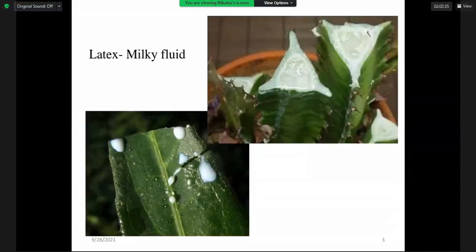So until now, what did we discuss here? What are the things you should include in your practicals? Can anyone of you tell? Specific features of each family.